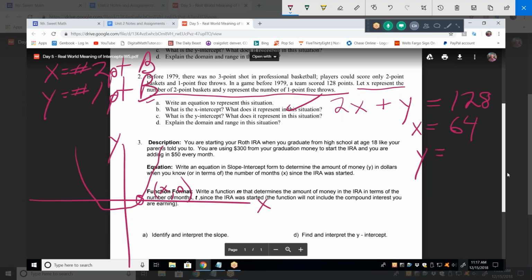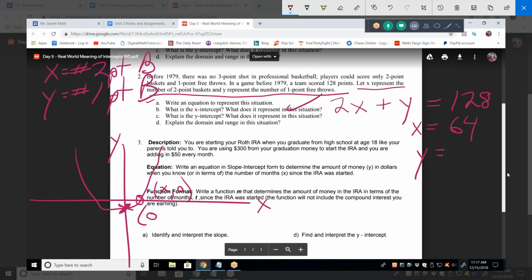Okay, look at my graph over here. There's your y-intercept right there. What's x going to be equal to at that point? 0. That's what I'm trying to teach you. When you're trying to find x-intercepts, y is equal to 0. When you're trying to find y-intercepts, x is equal to 0.